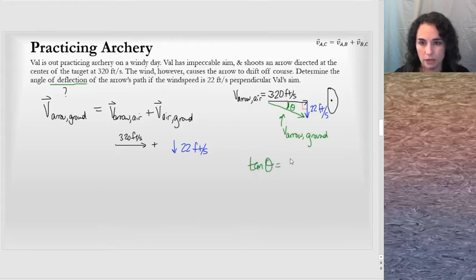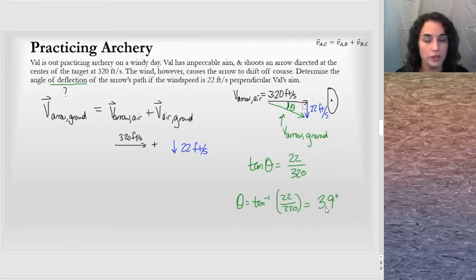Tan theta equals 22 over 320. If I want to find theta, I'll do the inverse tangent in my calculator, 22 over 320, and you get a nice 3.90 degrees.